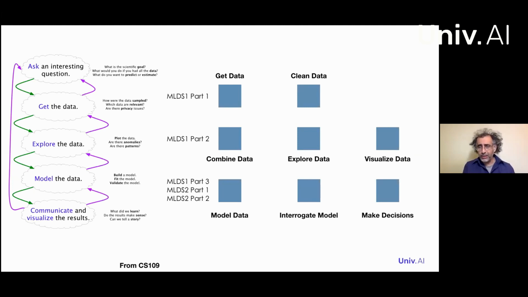And then in the rest of DS1 and in most of DS2, we go into modeling data, interrogating this model to figure out whether it's making any sense, and then making decisions based on your modeling. So this is the flow that our courses do, and this is basically the data science flow that you will want to do every time you encounter a new project.